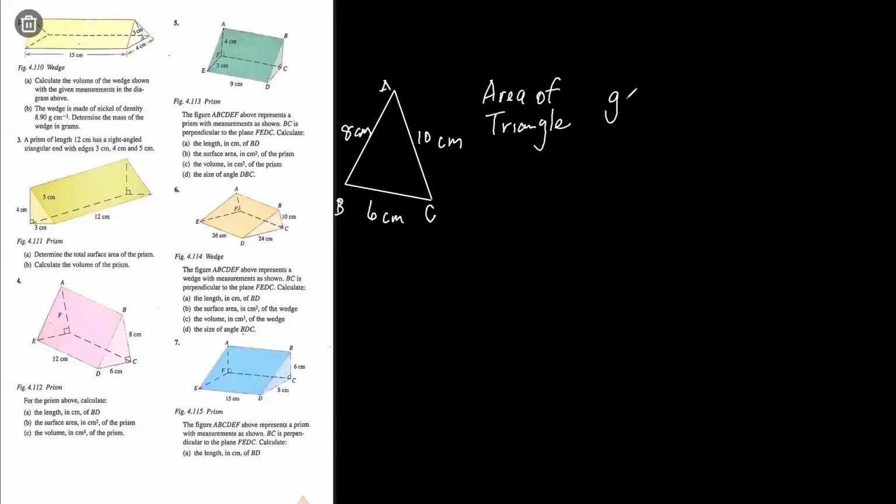Area of a triangle given 3 sides. We first find S. S is really called the semi-perimeter of the triangle.